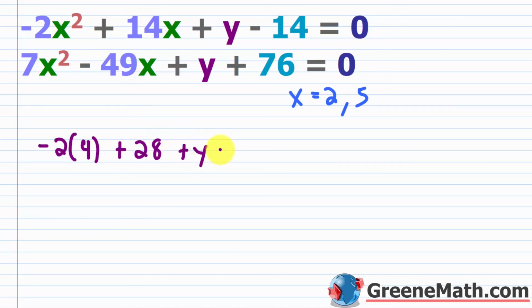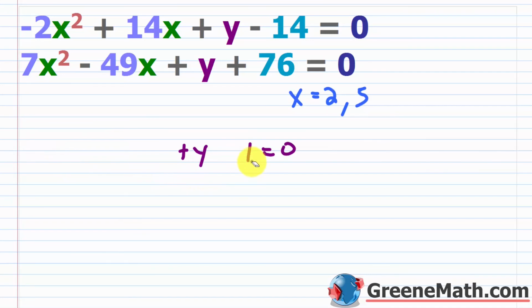And then plus y minus 14 equals 0. So we know negative 2 times 4 is negative 8. Okay, so negative 8. And you might as well just say negative 8 plus 28 is 20. Okay, and then 20 minus 14 is 6. So let's just say at this point we have y plus 6 equals 0. Let's subtract 6 away from each side of the equation and say y is equal to negative 6. So if x is 2, y is negative 6.